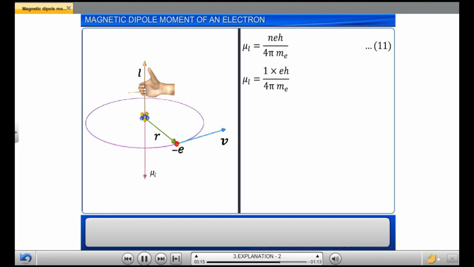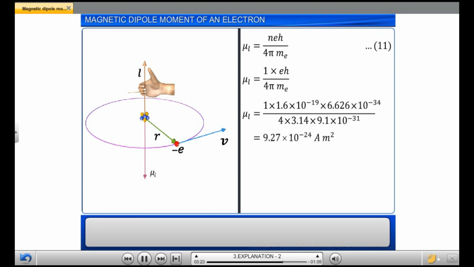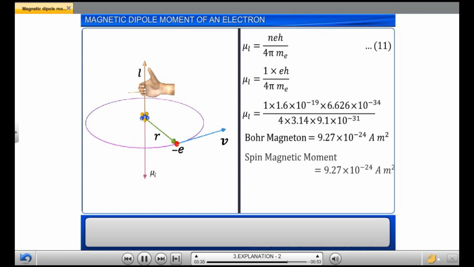By substituting all the standard values of the constants in the equation and simplifying, we get the magnetic moment as 9.27 into 10 power minus 24 ampere meter square. This value is called Bohr magneton. This is also referred to as the spin magnetic moment.